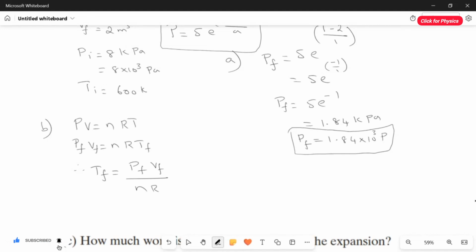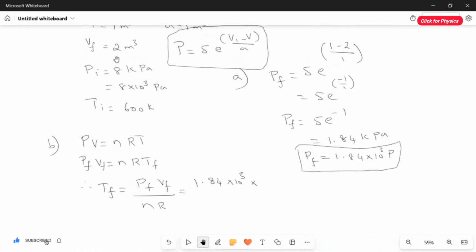Now I'm going to substitute the values, because here the number of moles of gas is 1 and R is the universal gas constant. Remaining all the terms we have in the given information. So let's substitute the values. Pf is from the first part, which is 1.84 multiplied by 10 power 3, and then V final is 2 cubic meter.